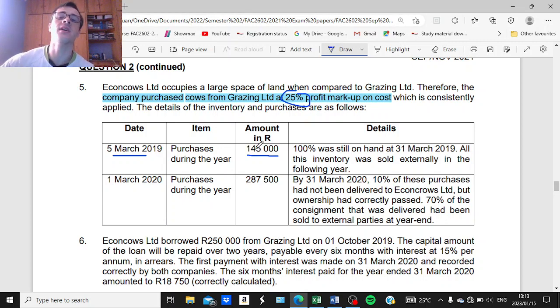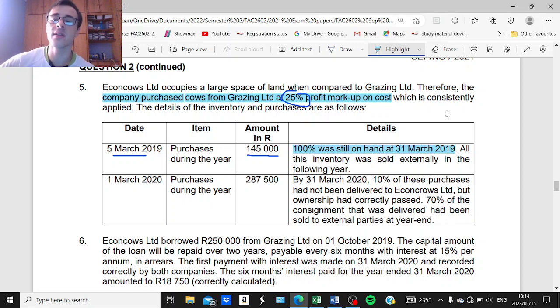Okay. However, we will use this amount in order to calculate the unrealized profit that is included in Econ Cows Ltd's opening inventory. Okay. But we will not eliminate the intergroup sales for that year because it has already been done during that period.